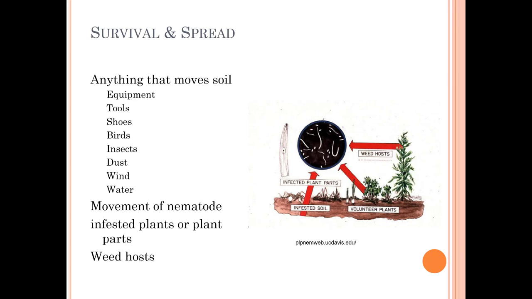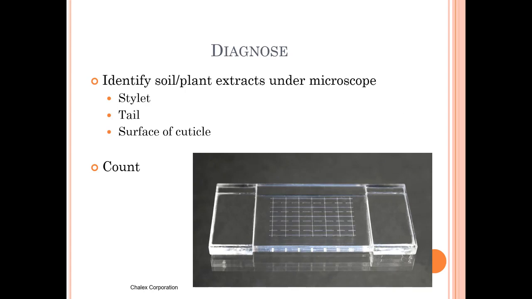So survival and spread, anything that moves soil, equipment, tools, shoes, birds, insects, dust, wind, water, movement of nematode infested plants or plant parts, and then of course weed hosts and volunteer plants that may have had it last year. So you need to send it into a lab to have it diagnosed, and they're able to tell what it is by the type of stylet, the tail, the surface of the cuticle, and then they do a count of how many are in there.